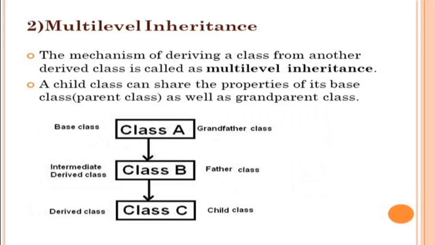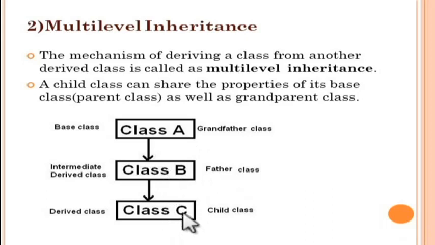Multi-level inheritance. The mechanism of deriving a class from another derived class is called multi-level inheritance. It is similar to single inheritance, but the additional part is that there is a hierarchy. There are multiple levels of accessing the properties of old classes.